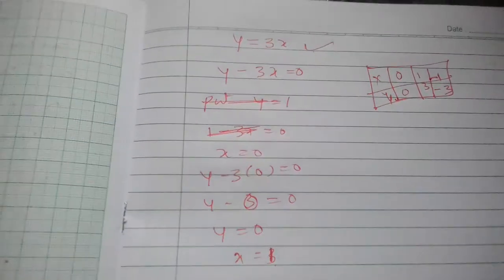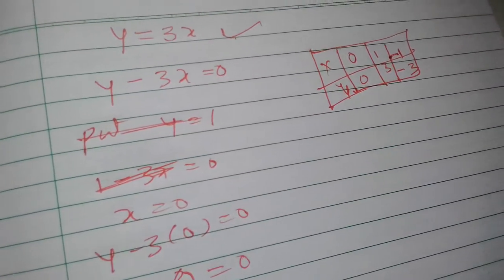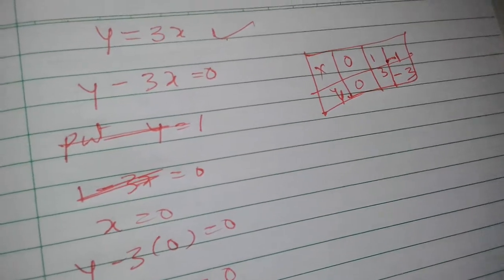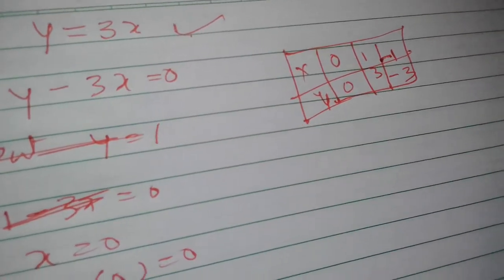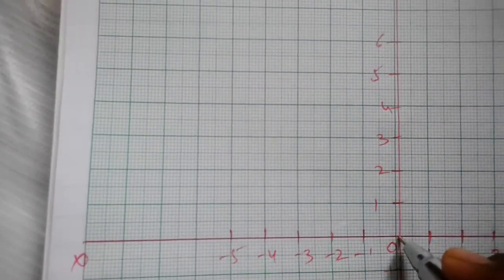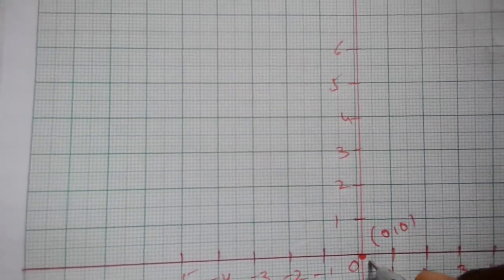Okay, next one. Draw the graph of the equation y equal to 3x from these coordinates. First one, x equal to 0, y equal to 0, this will be the exact position. Name it as P, (0, 0).